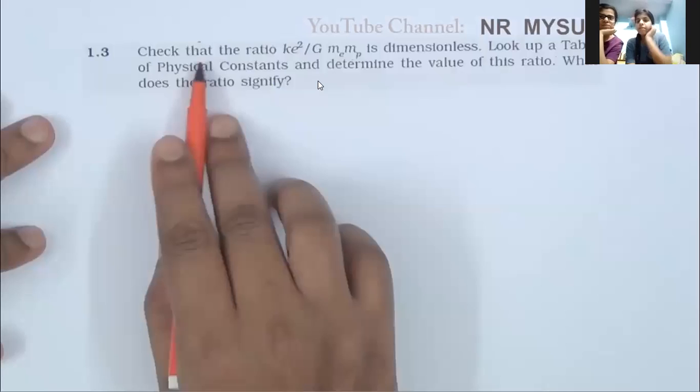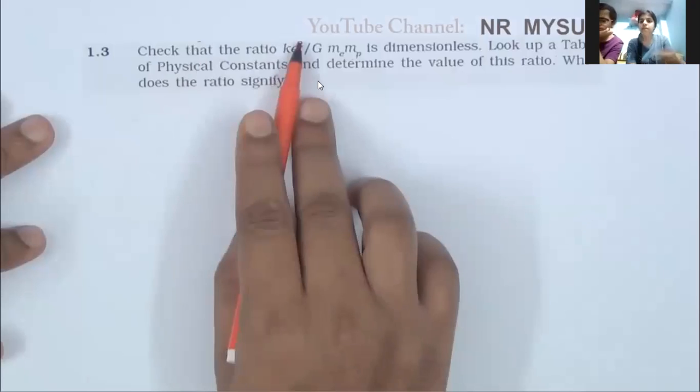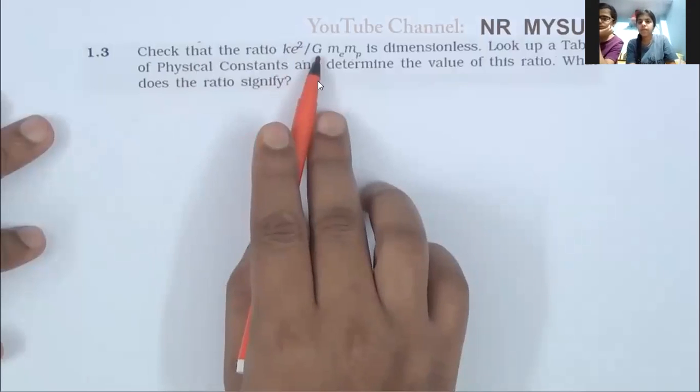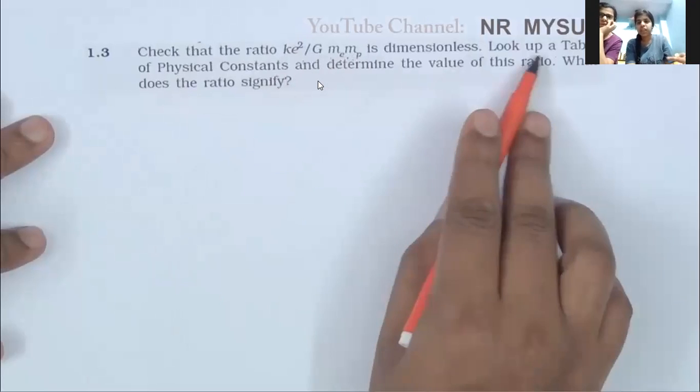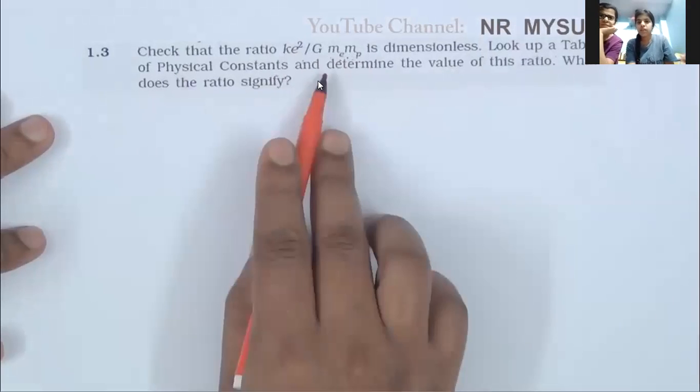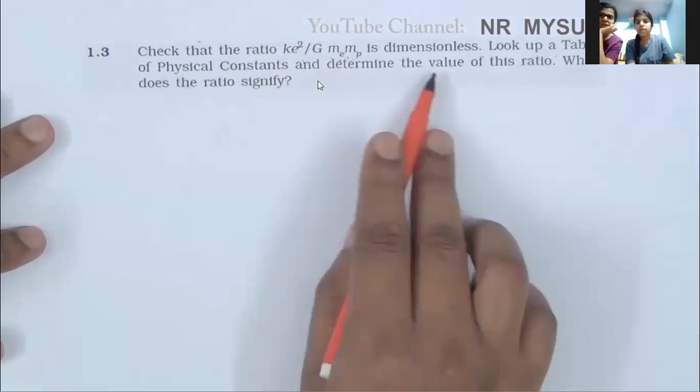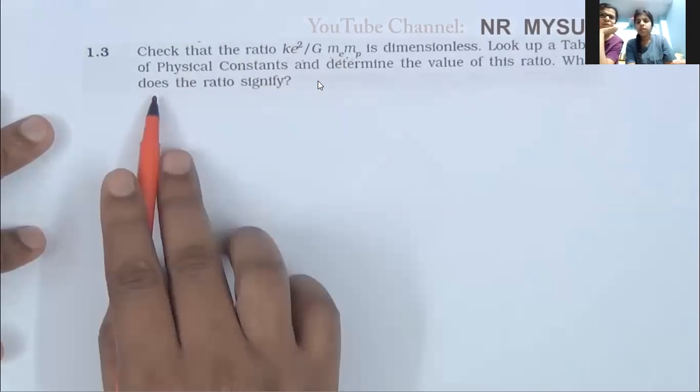Check that the ratio k e squared divided by G m_e m_p is dimensionless. Look up a table of physical constants and determine the value of this ratio. What does the ratio signify?